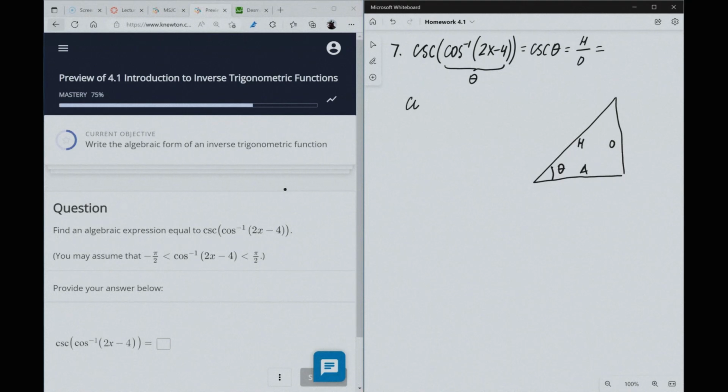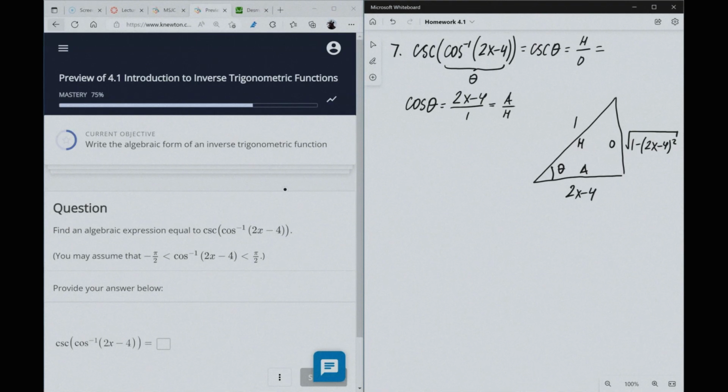And now I'm going to use the fact that cosine of theta is equal to 2x minus 4 over 1, and the fact that cosine is adjacent over hypotenuse. So I'm going to label the hypotenuse as 1 and adjacent side as 2x minus 4. And then by Pythagorean theorem, the opposite side will be the square root of 1 minus the square of 2x minus 4.